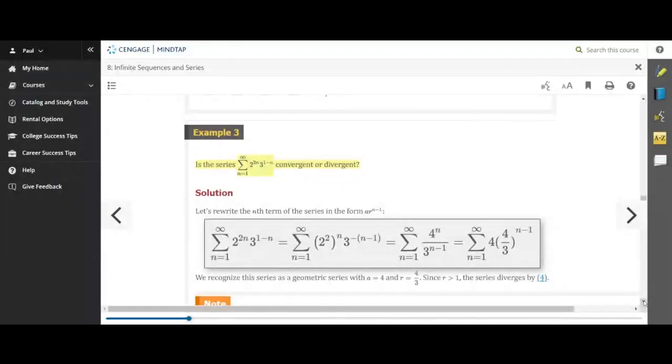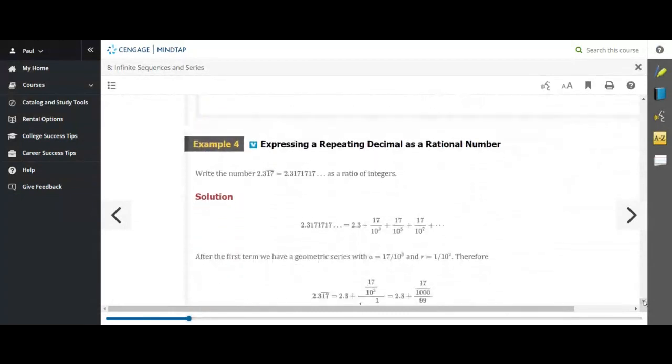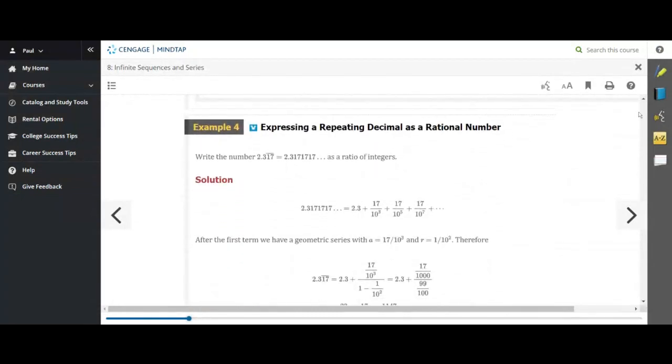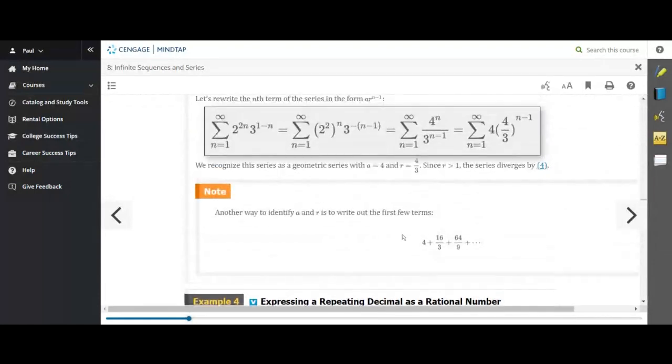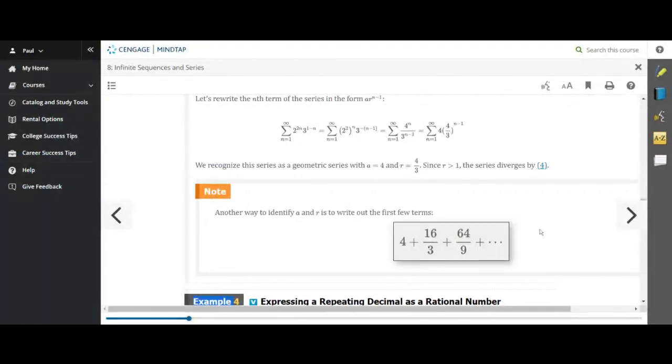Sometimes naturally you have to look at examples yourself, but incidentally, on that problem we just did, they say the first 3 terms of the series are 4 plus 16/3 plus 64/9. You can see the terms are getting bigger, right? So that series is going to equal infinity, that sum. That's going to diverge.